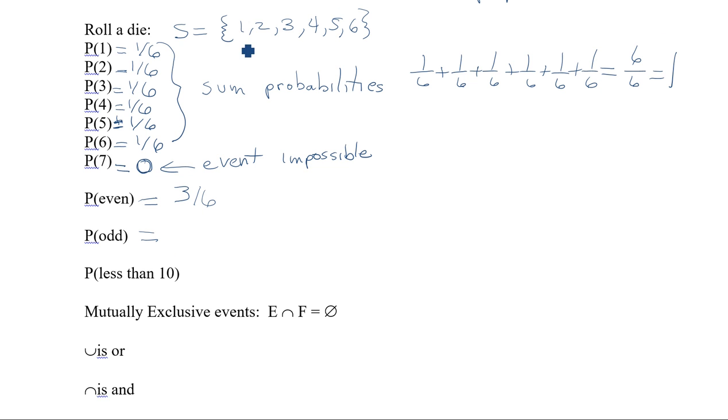Probability of getting an odd, there are 3 odd numbers out of my 6 outcomes. Probability of getting a number less than 10, well, they're all less than 10, so that's 6 out of 6, or 1. And that's probability 1 if the event is certain to occur.